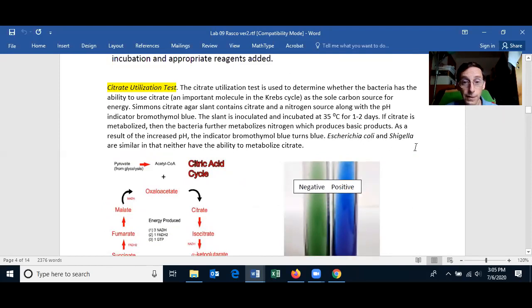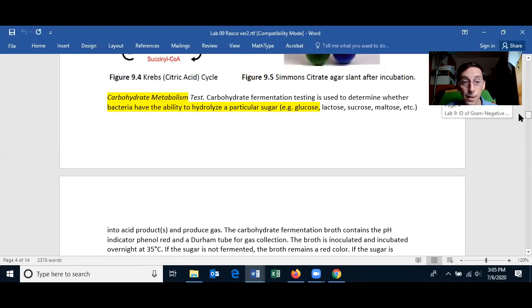Both E. coli and Shigella don't metabolize citrate, but you can look on the chart there for what species do. The carbohydrate metabolism test is also called the PR fermentation test. If the bacteria can hydrolyze a particular sugar and ferment it, then it will be positive for that test.